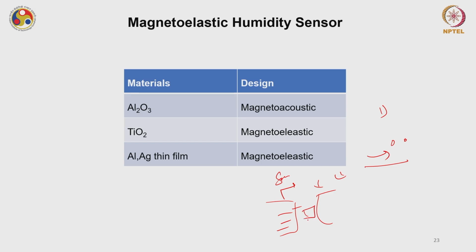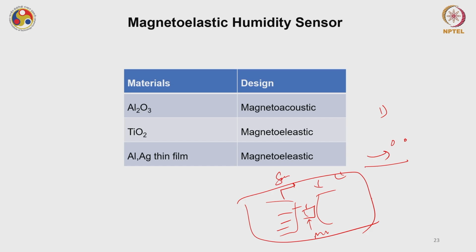And in between I have, say, a moisture absorbing film which provides the delay path. All these things have been made on a quartz substrate. And this sound propagation is monitored. If there is any delay because of this vapor film, it can be calculated, and accordingly the RH percent can also be calculated.